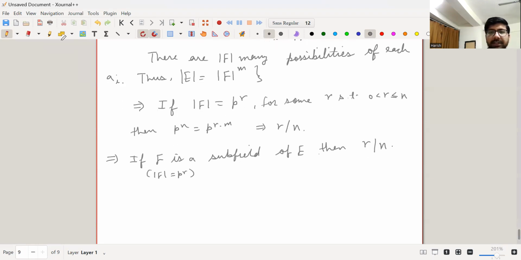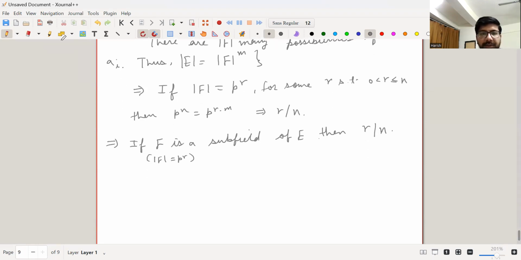And this is an if and only if statement, because for each p raised to r you get a field, and you can choose that field to be a subfield of E. So for each r dividing n you will get a subfield of E of order p raised to r. And the converse is also true.